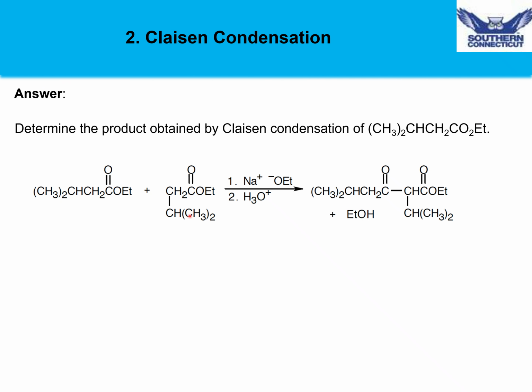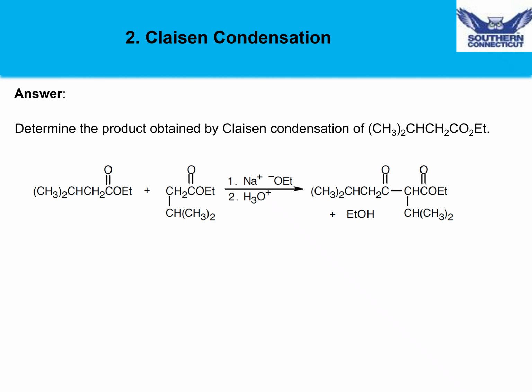So if we do a self-condensation reaction of this ester shown here, and we add base, an alpha hydrogen from the ester will be removed and form an enolate, which then attacks a second molecule of the same ester, eliminating the ethoxy group. That should lead us to a beta ketoester.